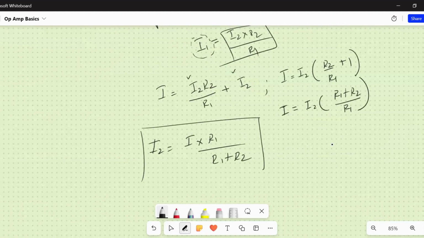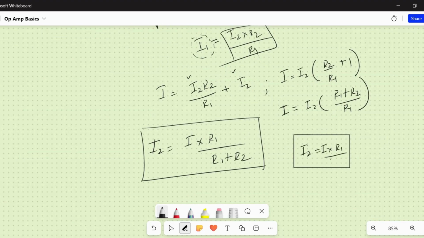In a similar way we deduced this: I1 is I into R2 divided by R1 plus R2. Just memorize this. This is nothing but your current divider rule. So these are some of the fundamental laws that we wanted to discuss today.